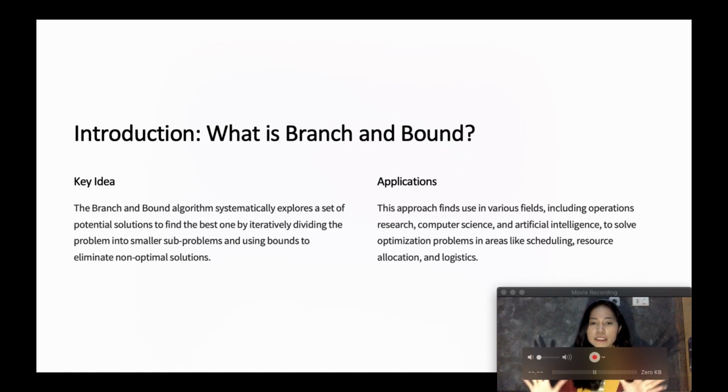This approach finds use in various fields, including operations research, computer science, and artificial intelligence, to solve optimization problems in areas like scheduling, resource allocation, and logistics.